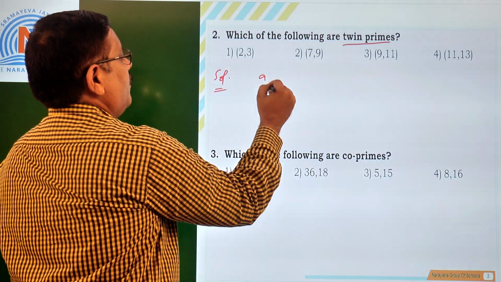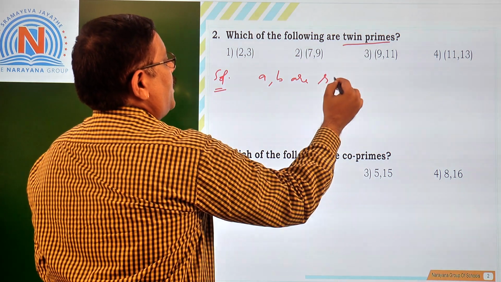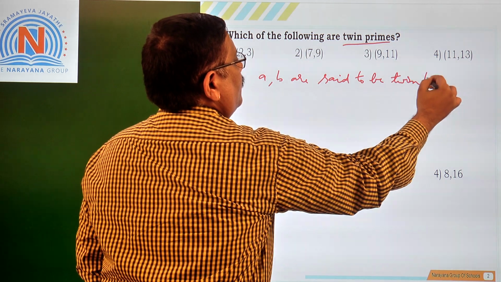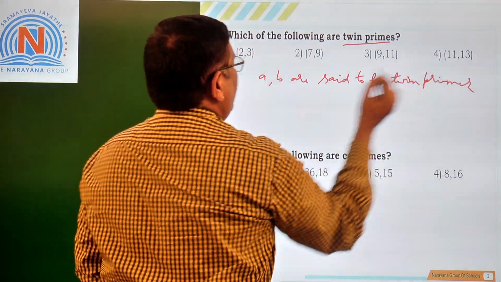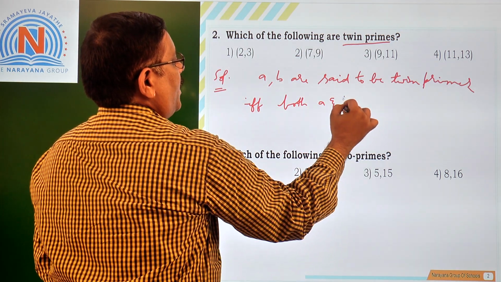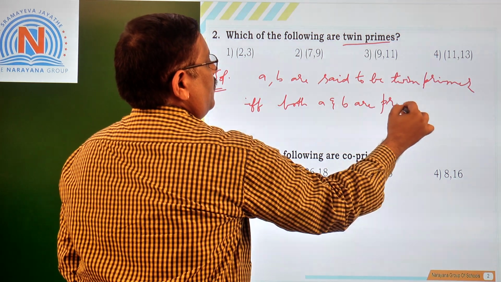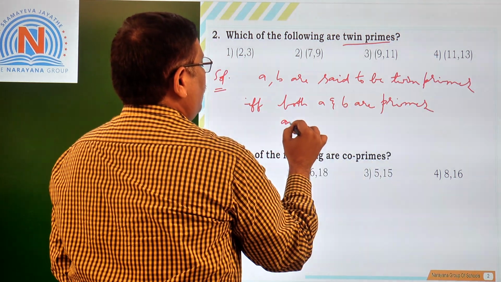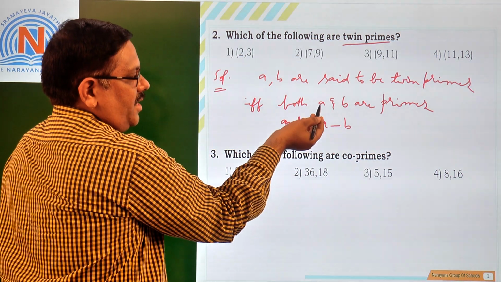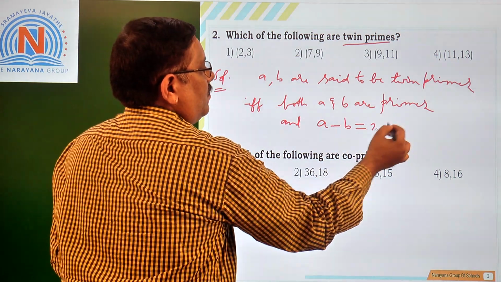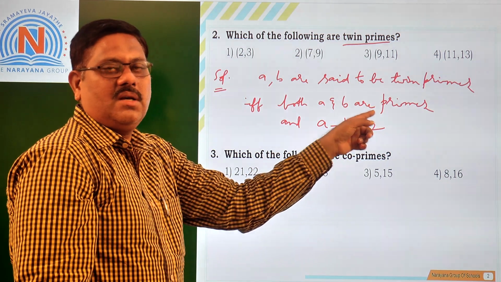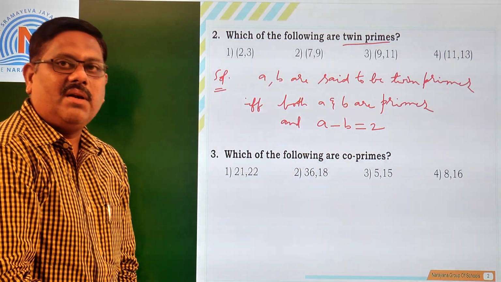A and B are said to be twin primes if and only if both A and B are primes and their difference, A minus B or B minus A, depending on whether A is more than B, is 2. Okay, so the difference of them is 2 as well as both A and B are primes.